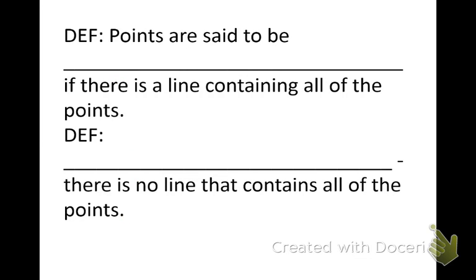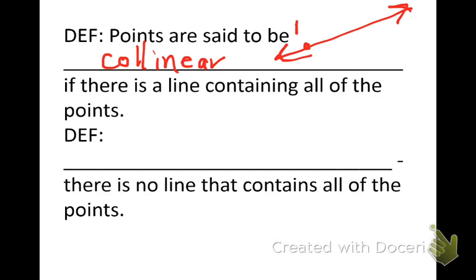Points are said to be collinear if there is a line containing all of the points. In this picture, A, B, and C are collinear. A, B, C, and D are not collinear because D is not on that line.